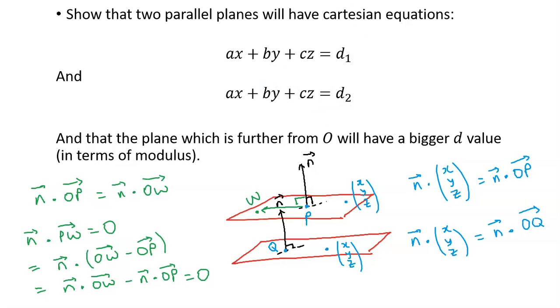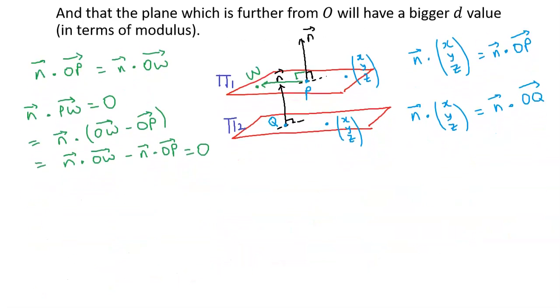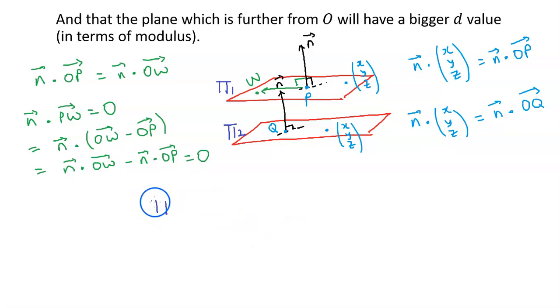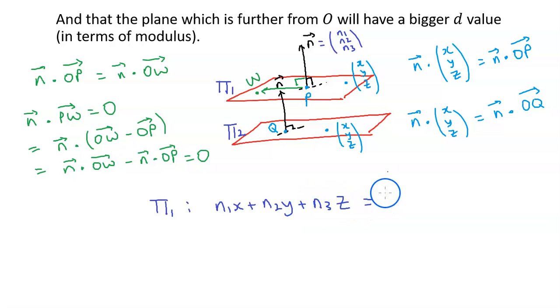Anyway, we've proven the first part of the question. If we call this pi 1 and this plane here pi 2, then if we say n is equal to n1, n2, n3, clearly pi 1 is going to have the equation n1x plus n2y plus n3z equals the constant number n dot OP.